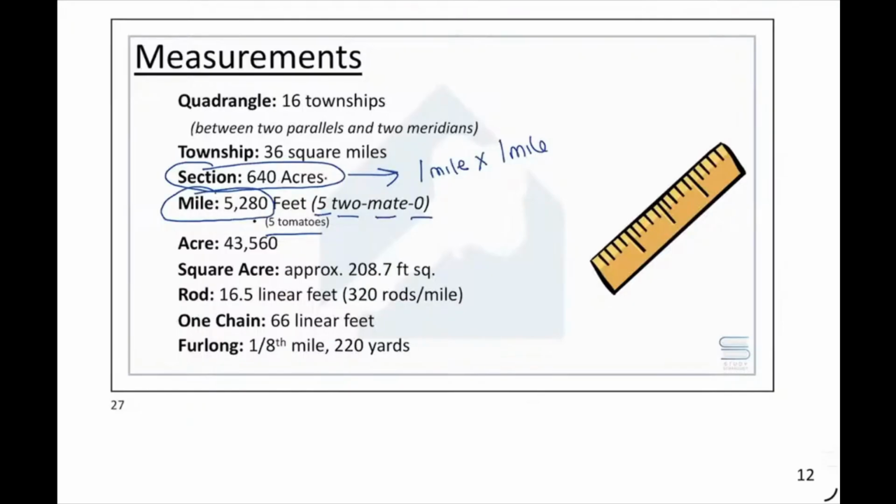We know there are 640 acres and there are 43,560 square feet in an acre. It all comes together. Honestly, ain't nothing to it but to memorize these numbers.